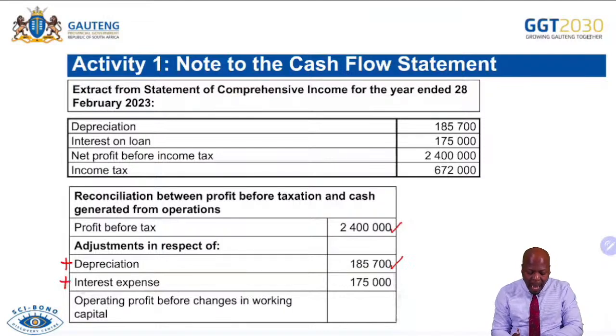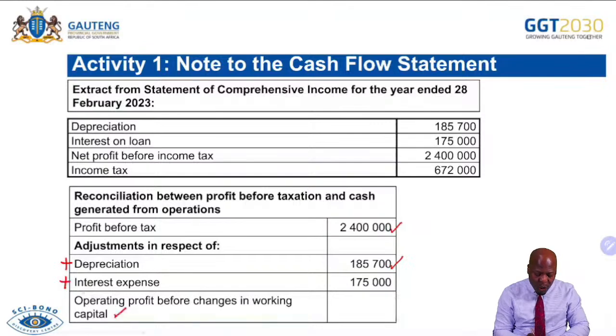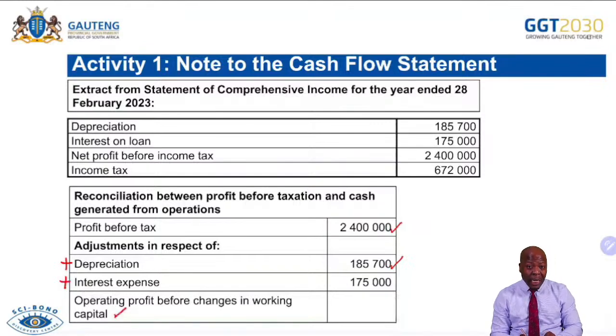And then when I add all of this, it will give me my operating profit before changes in working capital. So make sure you have your calculator close to you, and I'm going to give you figures to start adding now. Let's begin. We're going to add our 2.4 million plus 185,700 plus 175,000. When I've added this, I want you to tell me on your calculator how much you see.